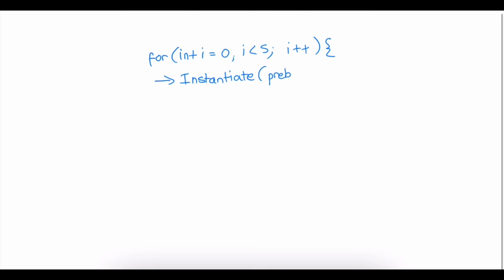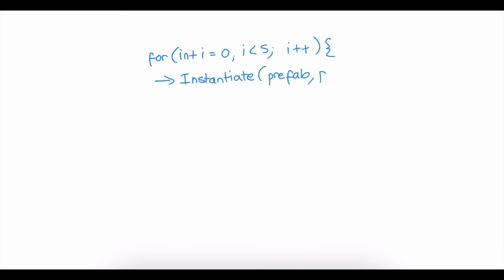So I'll just copy what I wrote in Visual Studio. For int i equals 0, i is less than 5, i++, and Instantiate prefab at a certain position and rotation. So we're not going to worry about prefab or rotation.